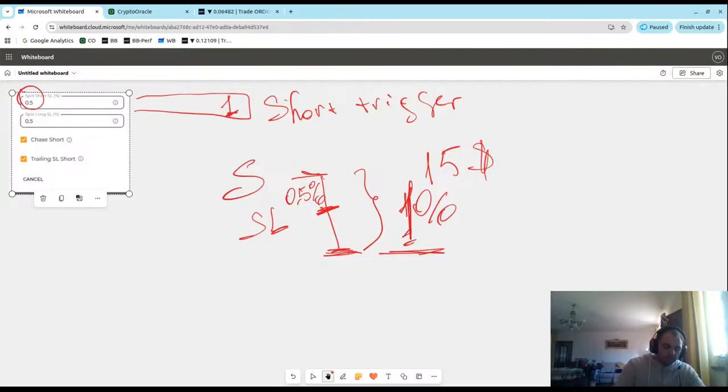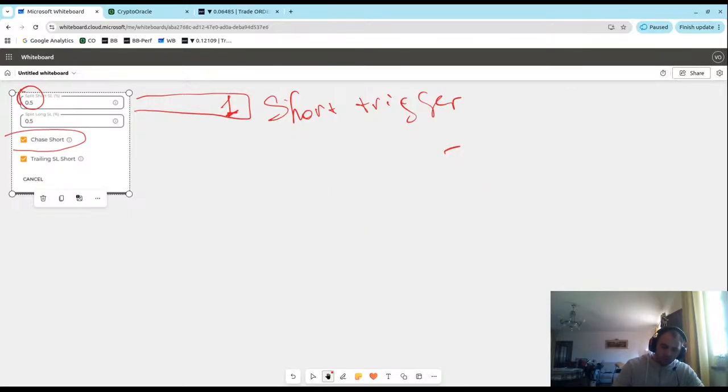Now, chase short means we open another $15 here. It's a bit messy. Once again, so open short, goes down 1%, like $15.